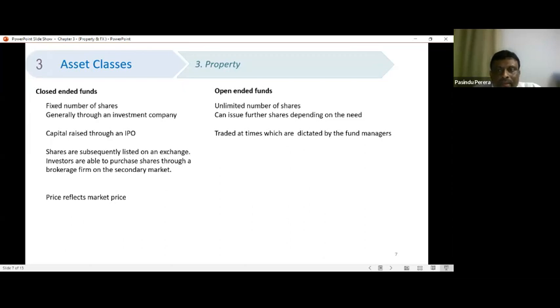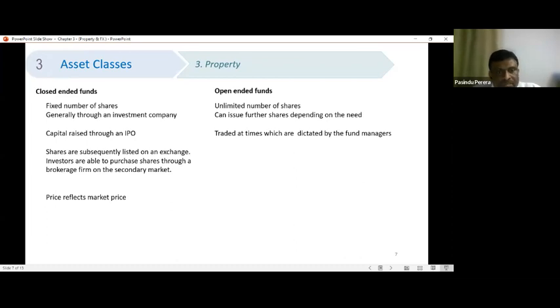You can go to the market, or through an initial public offering, and ask investors to invest in those new shares. Then the funds will be directed to this particular close-ended fund.